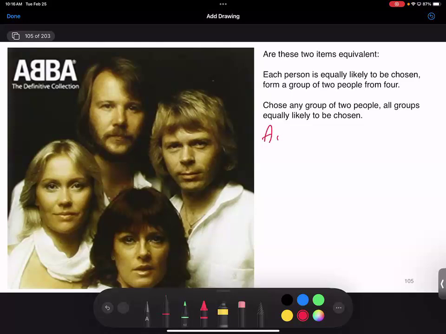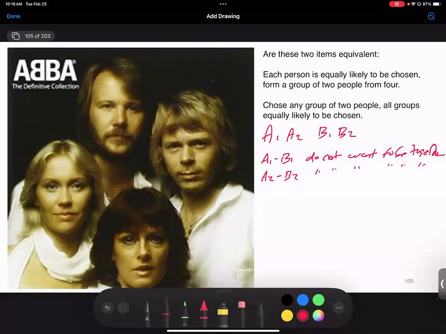Let's name them A1, A2, B1, B2. Assume A1, B1 do not want to be together. And then A2, B2 do not want to be together.